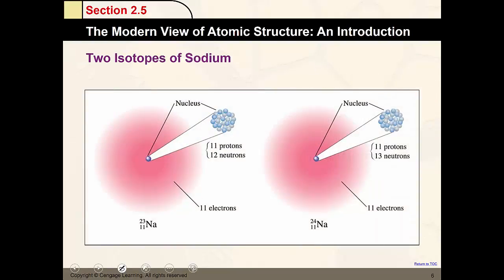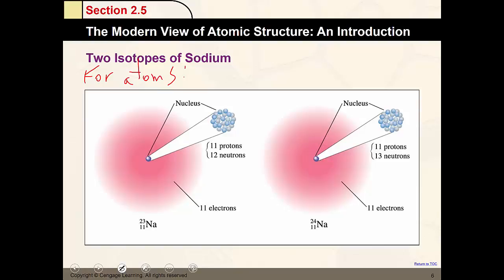Okay, so if we look at two different isotopes of sodium, we need ways to differentiate. How do we tell the difference between these two isotopes? And first off, for all atoms, and then in the next section we will talk about ions, which are charged particles.